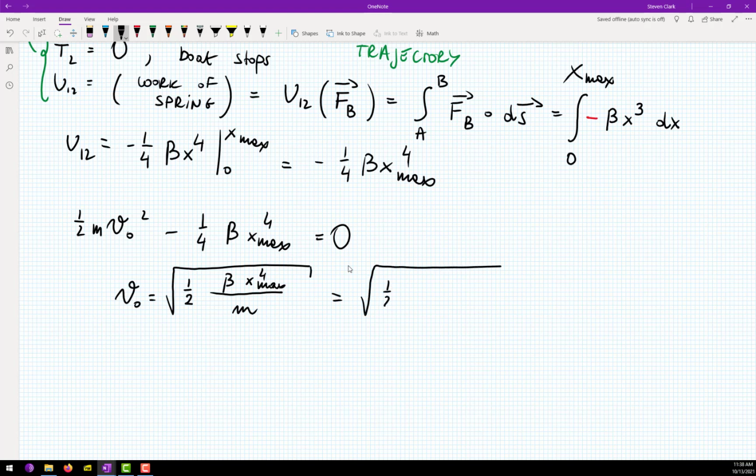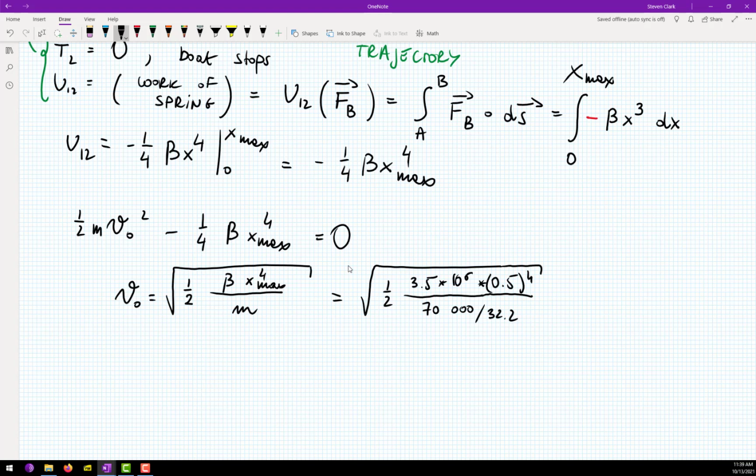This is equal to 1/2 times 3.5 times 10 to the power of 6 times 6 and a half to the power of 4, divided by 70,000 divided by 32.2.